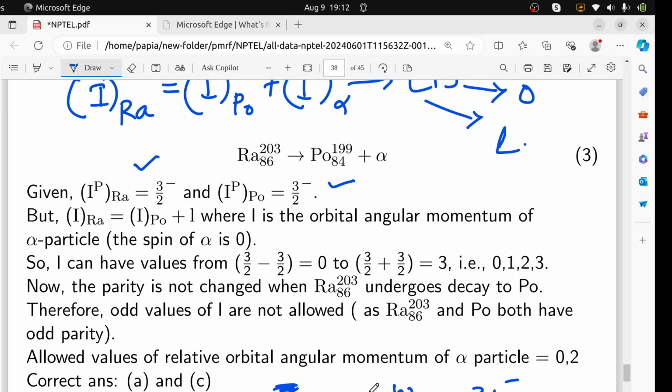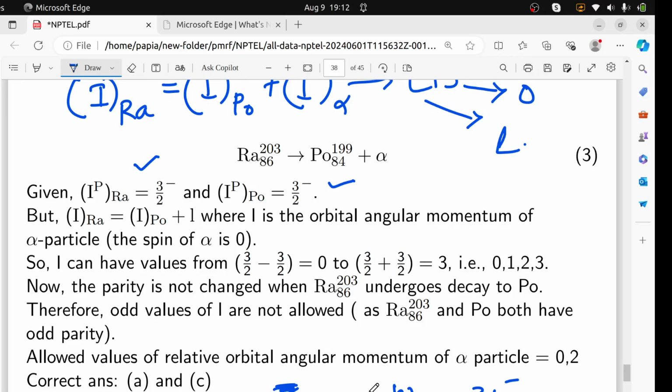The parity is not changed when radium decays to polonium. Therefore odd values of L are not allowed, as radium and polonium both have odd parity. Allowed values of relative orbital momentum of the alpha particle are 0 and 2. Correct answer A and C.